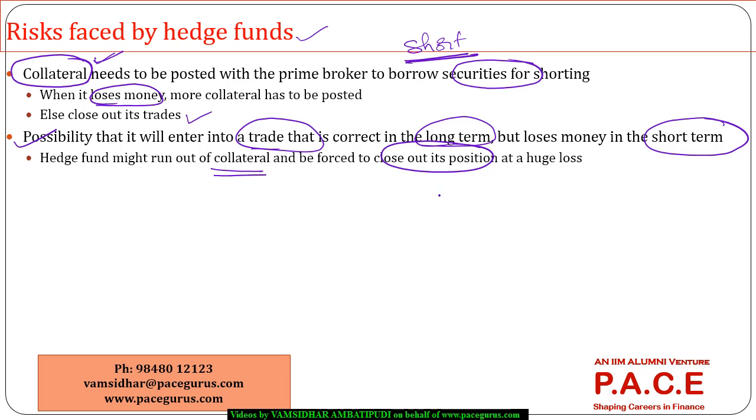Most of the time in the case of hedge funds, huge losses occur because of collateral posting, because of not being able to generate that kind of liquidity in the short term. A short term cash flow crisis is what has caused the downfall of the majority of hedge funds. So some understanding of sources of short term liquidity and short term capital is very essential in running a hedge fund.